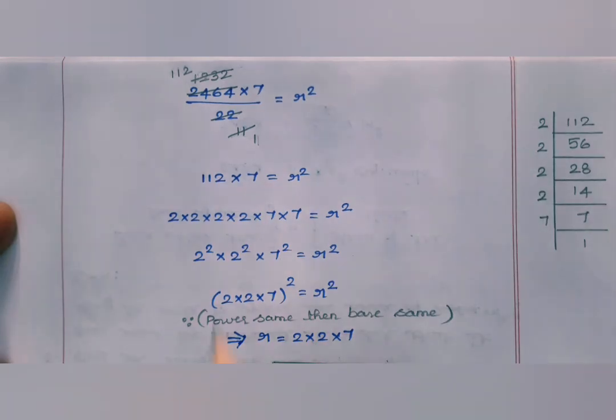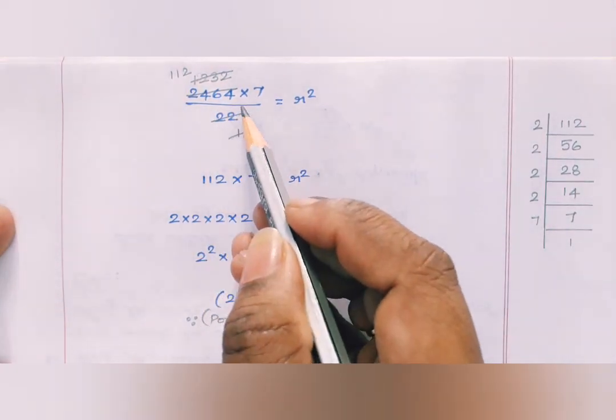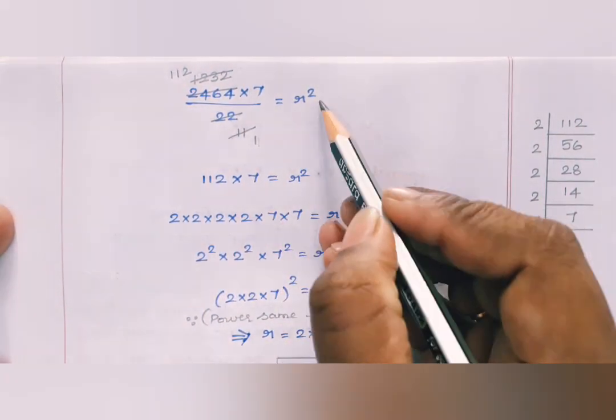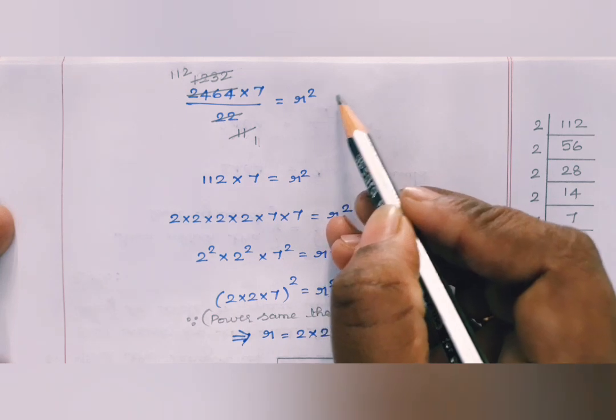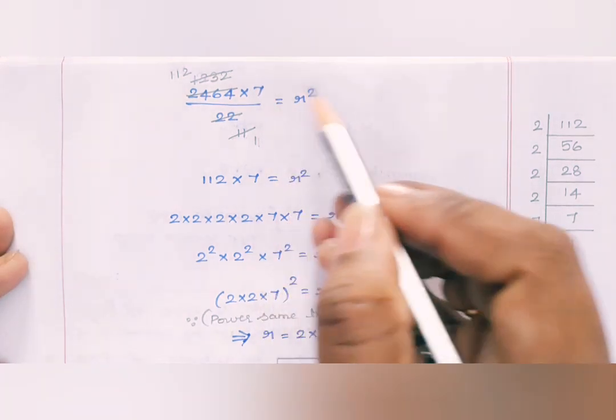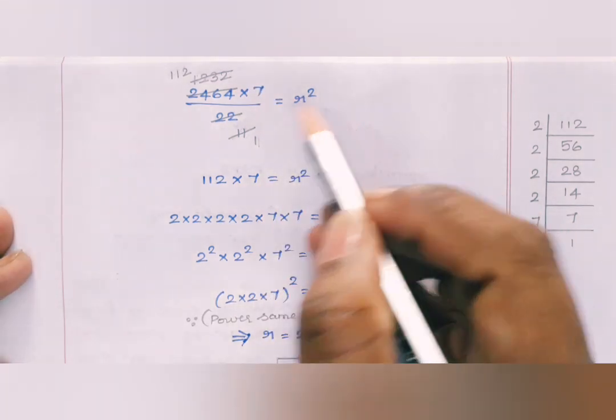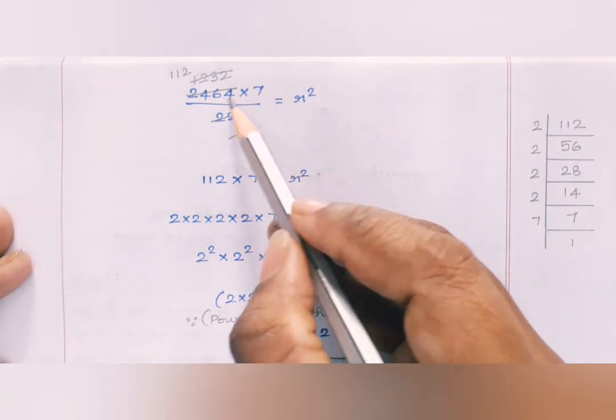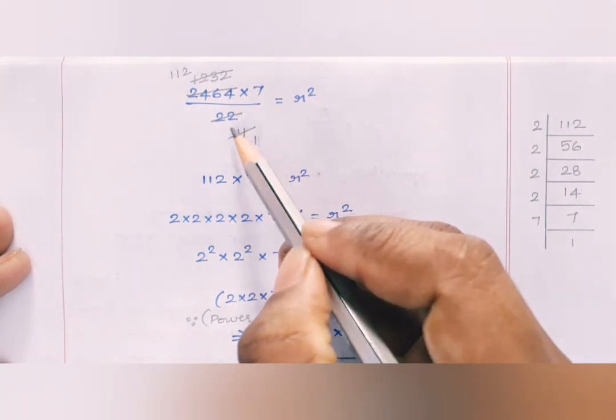So 2464 is equal to 22 by 7 into r square. In the previous step 22 by 7 is on the right hand side. When it goes to the left hand side, denominator becomes numerator and numerator becomes denominator. So 2464 into 7 by 22.